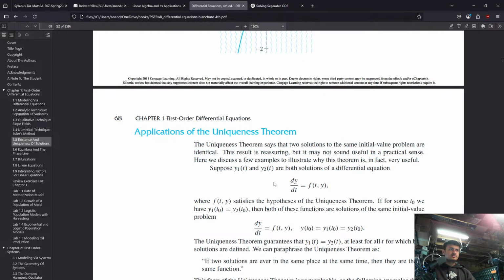Okay, so we have two solutions to a differential equation, and it's continuous, and its derivative with respect to y is continuous. If for some t0 we have y1 of t0 is equal to y2 of t0, then both of these functions are solutions of the same initial value problem.